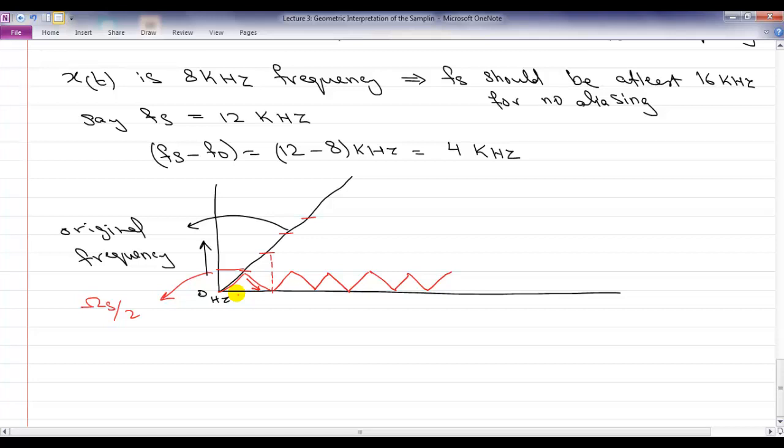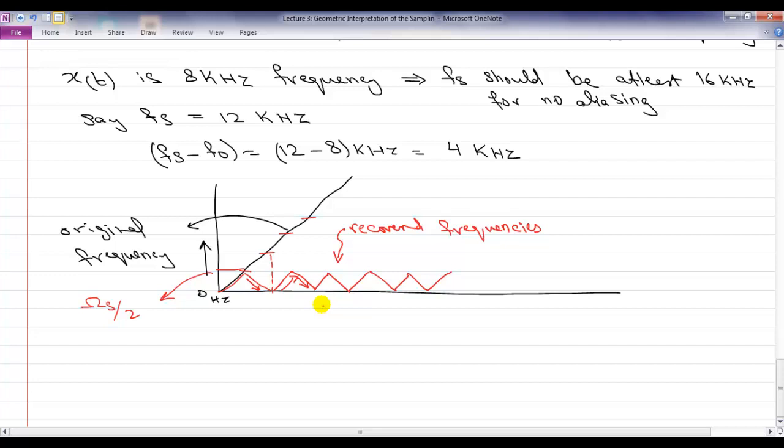It again hits the limit. Now you go from 12 kilohertz to 13 kilohertz, it's going to start going down again. These are your recovered frequencies, and in sampling, you can never go above that omega s by 2 limit.